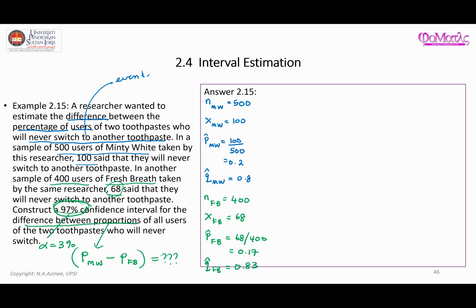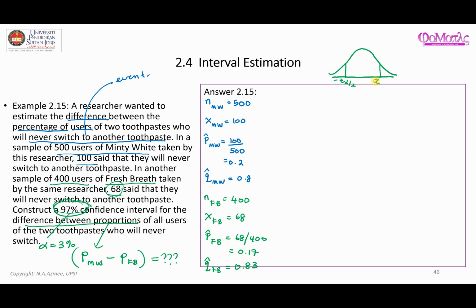Okay, so just for better understanding, maybe I should sketch the graph. This is the standard normal distribution, and this is at point negative z alpha over 2.